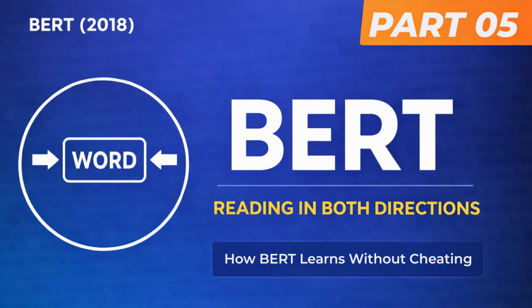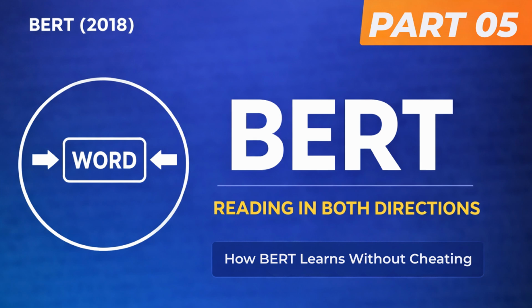Now we can connect this back to parts 3 and 4. The transformer encoder lets BERT integrate context from everywhere. MLM forces deep bidirectional representations without letting the model peek at the answer. The 80-10-10 strategy prevents pre-training artifacts from breaking fine-tuning.